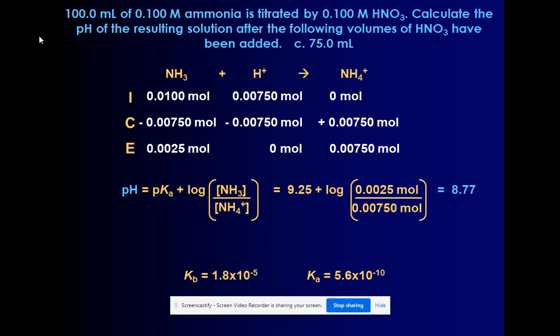You can leave them in moles, but to make your lives less stressful, whenever you're doing anything with Ka or Kb, if you're not sure, make sure you have substituted in concentrations and not moles. With Henderson-Hasselbalch moles are fine, but with Kas or Kbs, you really have to make sure you know what you're doing before you leave them in moles. So just change them to concentrations for your sake and mine.